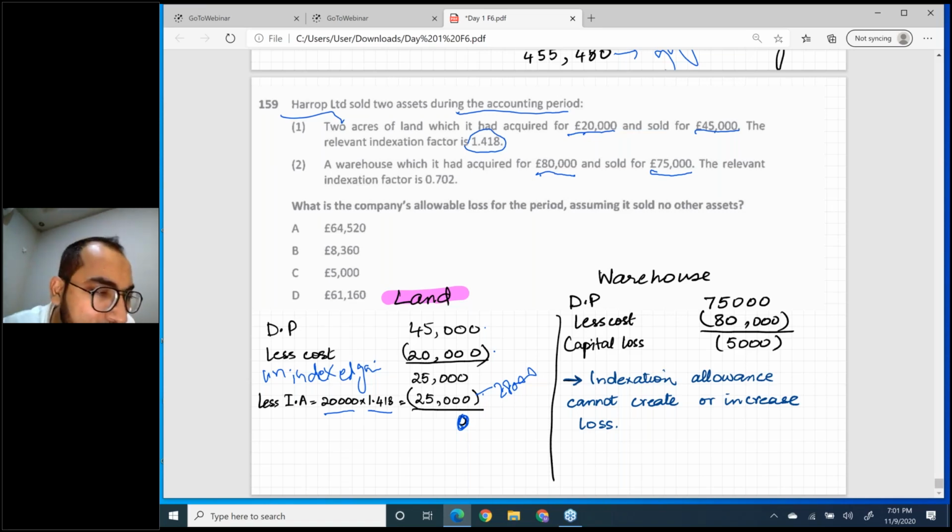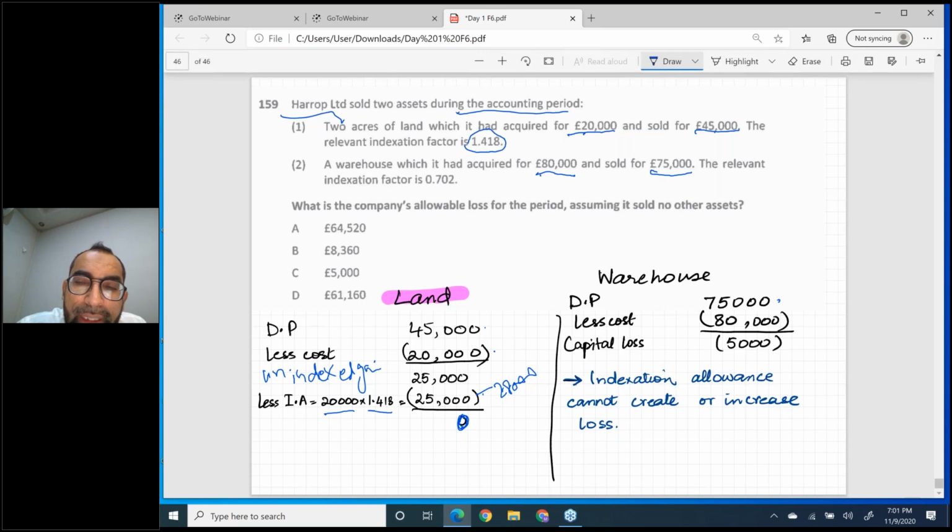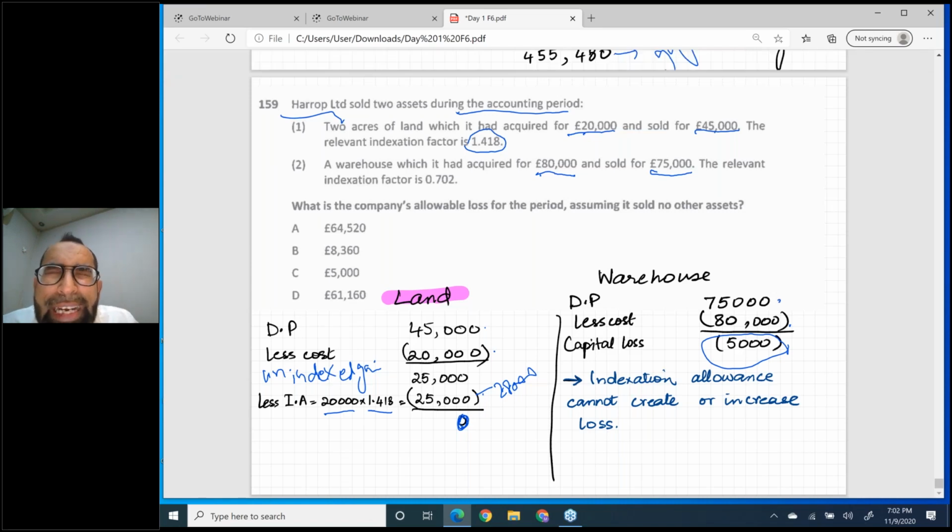DP is 75,000, cost is 80,000, so in the first step you get a capital loss. I just told you the statement: indexation allowance cannot create or increase loss. So no more indexation allowance in this.